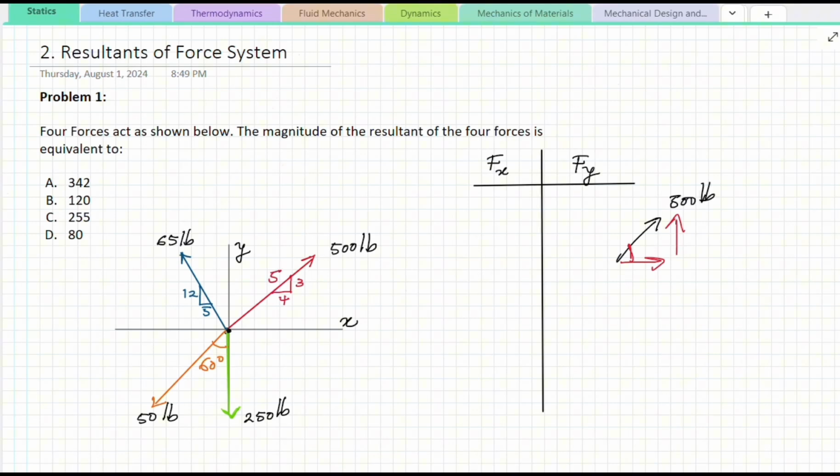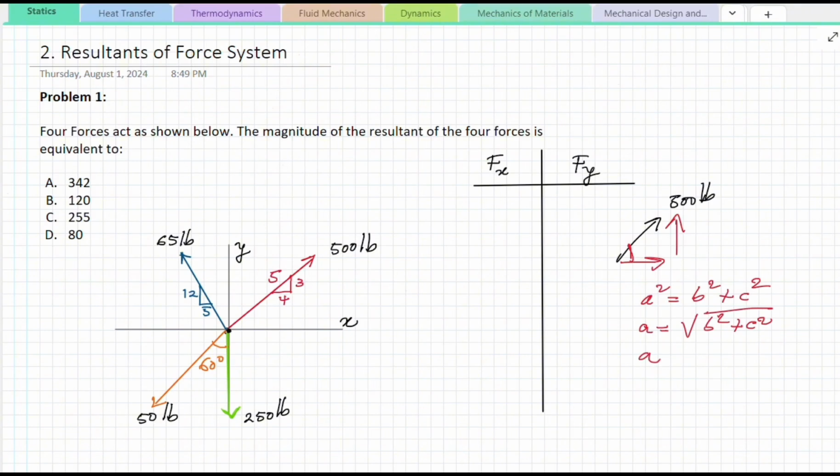If you want to double-check that your hypotenuse is correct, you can use the Pythagorean theorem, which states a squared is equal to b squared plus c squared, a being the hypotenuse of the triangle. So a will be equal to the square root of b squared plus c squared.